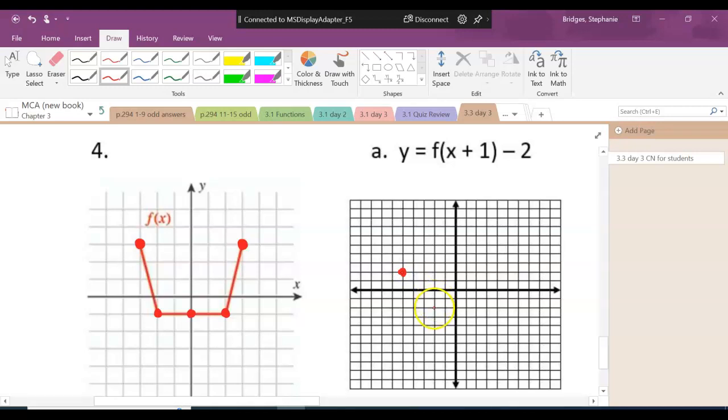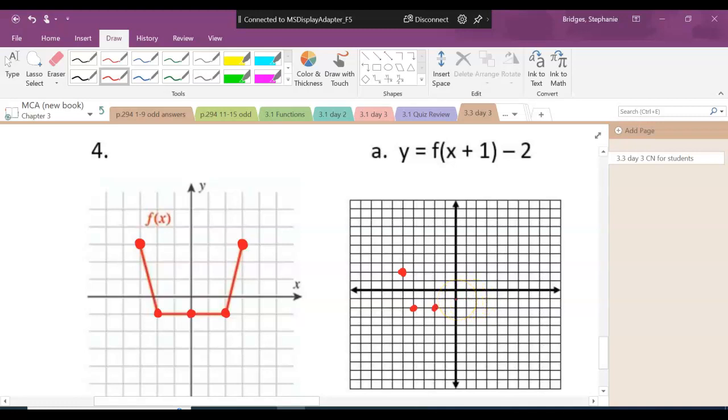I'm going to go down 1 and to the left 2 and put another point. That middle point is at 0, negative 1. So I'm going to go down 1 and to the left 2. The fourth point is at 2, negative 1. I'm going to go down 1 and to the left 2.